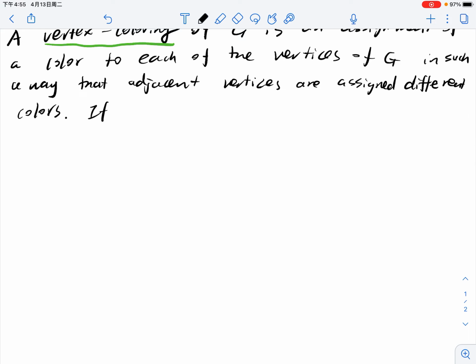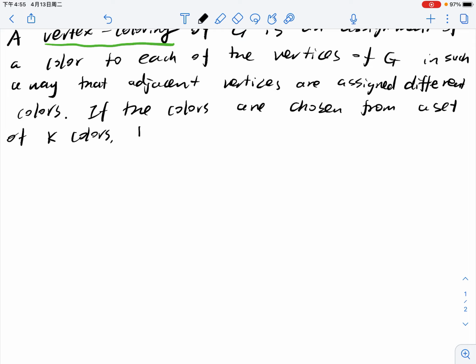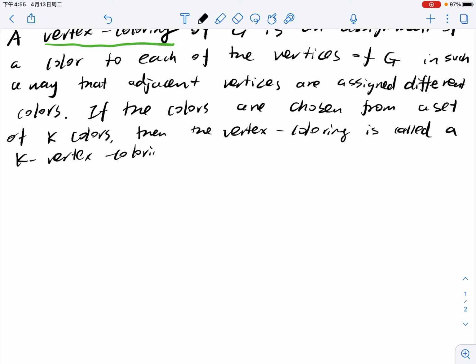Okay, and if the colors are chosen from a set of k colors, then the vertex coloring is called a k-vertex coloring, or k-coloring for short.